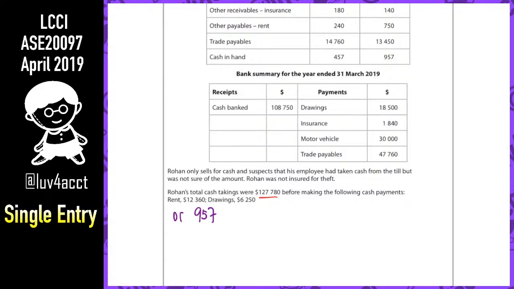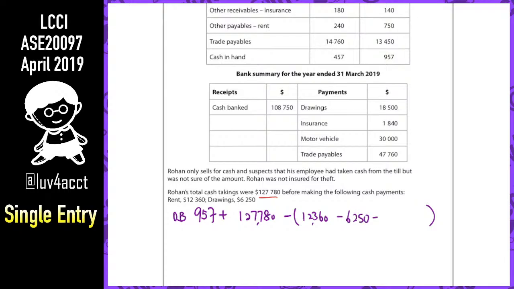Originally we have 957 opening balance for cash, and then we have an addition of 127780. This is the cash sales. And then minus all the payments, which include the following cash payments: 12360, and then drawings of 6250.